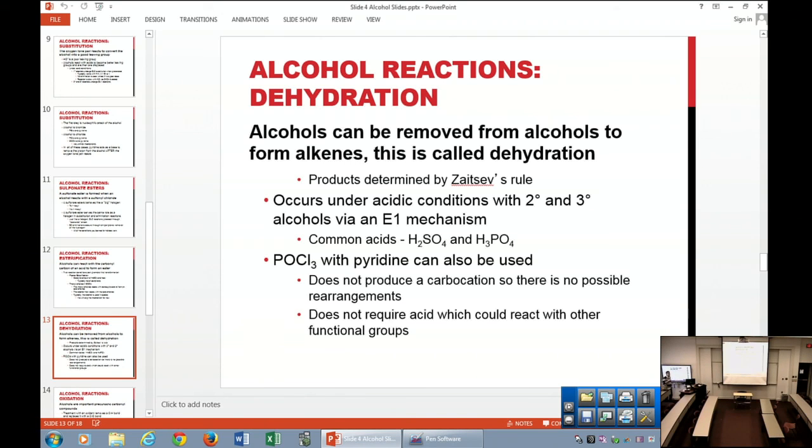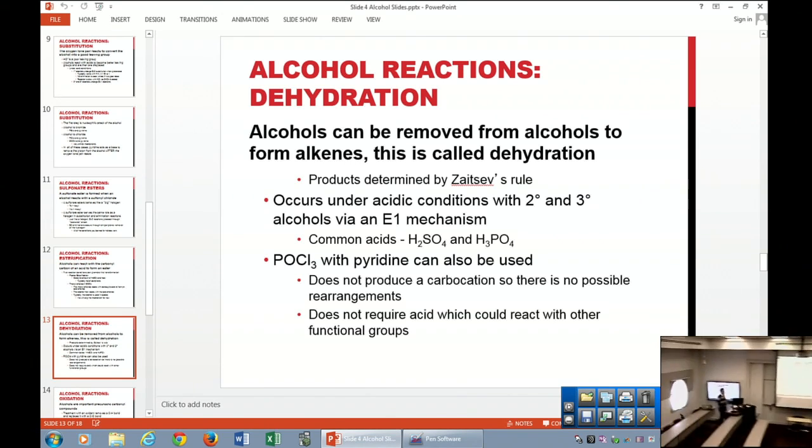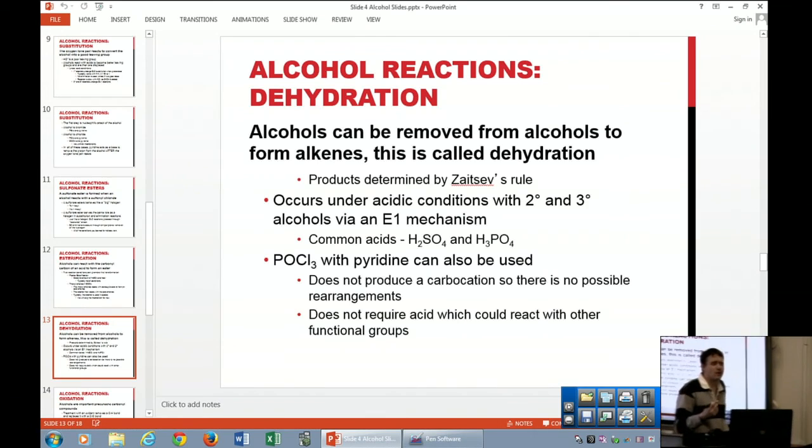It doesn't react with other functional groups. Sulfuric acid and phosphoric acid are very strong acids, and if you mix them with a complicated molecule, they're going to find other things to react with than just your molecule. But phosphorus oxychloride is selective for just reacting with alcohols.